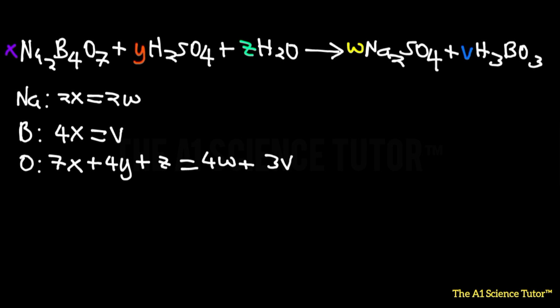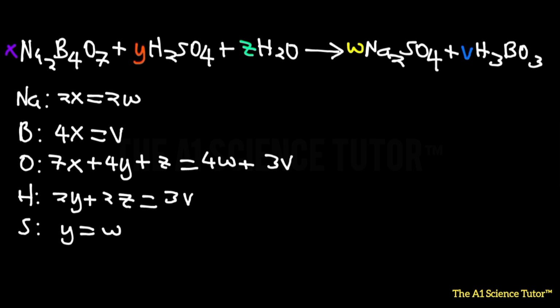This should be about the longest equation in this whole set of equations. Now how about hydrogen? So we're going to have 2Y plus 2Z. And this will be equal to 3V. Now next up, we have sulfur. So sulfur basically just has a Y on the left, and on the right, we're just going to have a W.